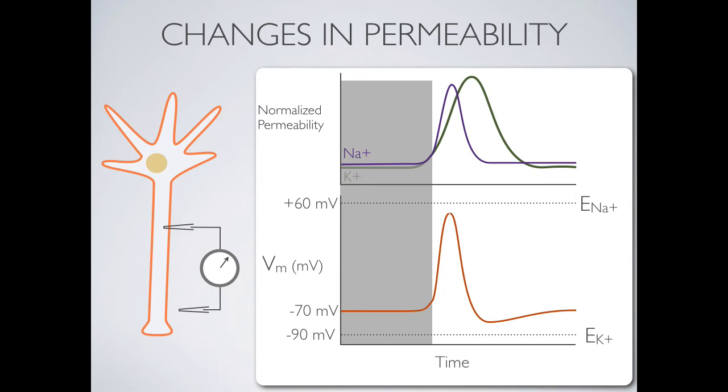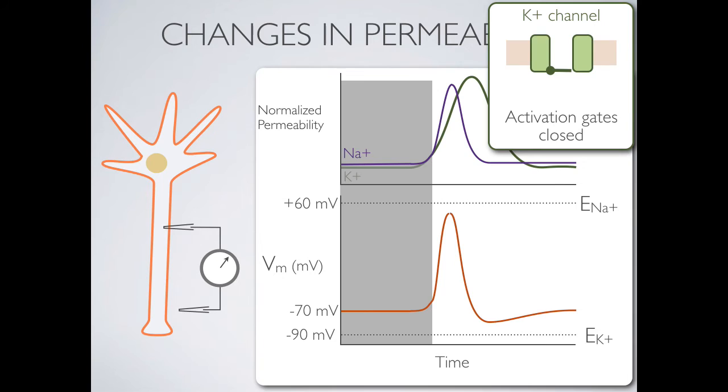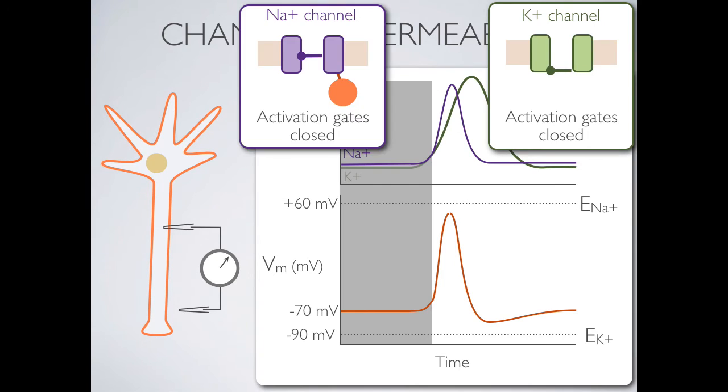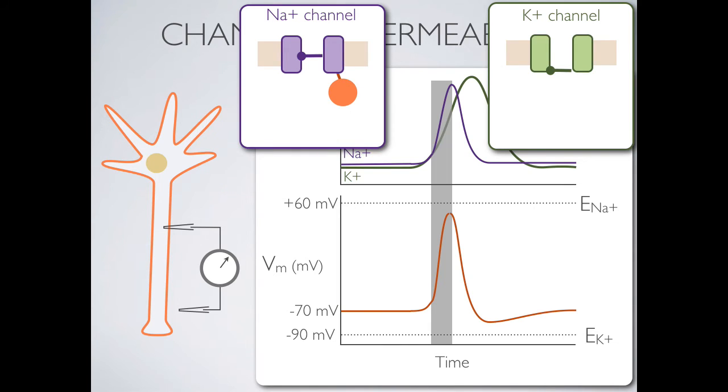Okay, so we have these changes in permeability. Initially, for potassium, we have a closure of the activation gates. At this point in time, the activation gates are also closed for most of the sodium channels. Then, just to summarize, we have the depolarization which activates both channels.